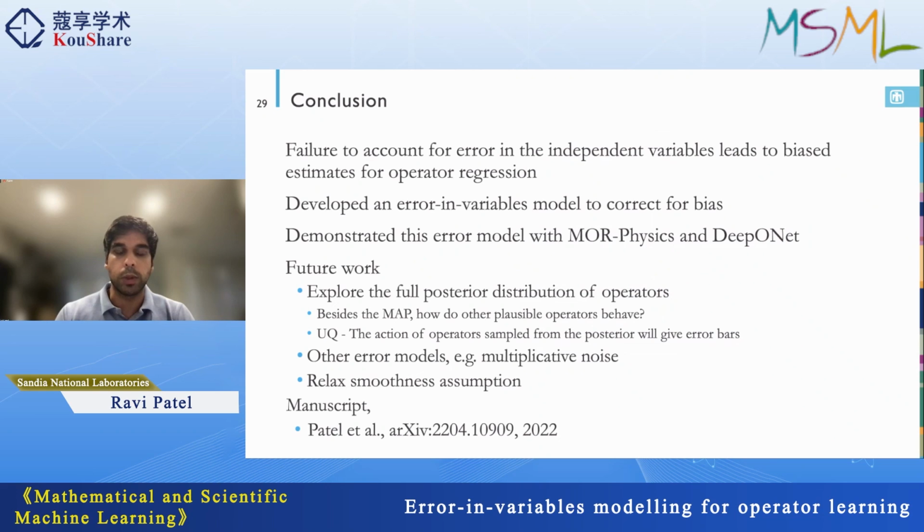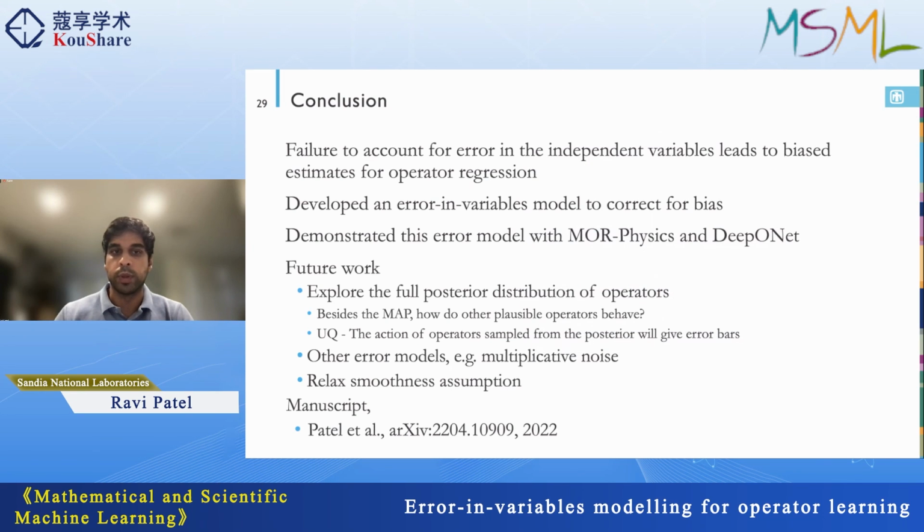For future work, we want to explore the full posterior distribution of operators. So besides just the MAP, we want to examine how other plausible operators could behave. Because in the case where you have very limited data, you might have many operators that fit the data well.